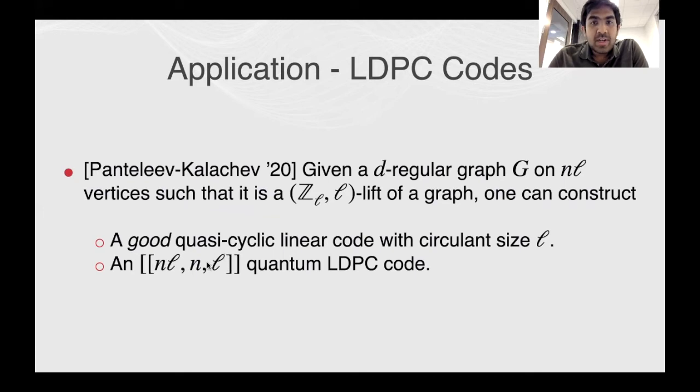This is why we want L to be as large as possible as a function of N, because that controls how good the code is in terms of the distance. Right.